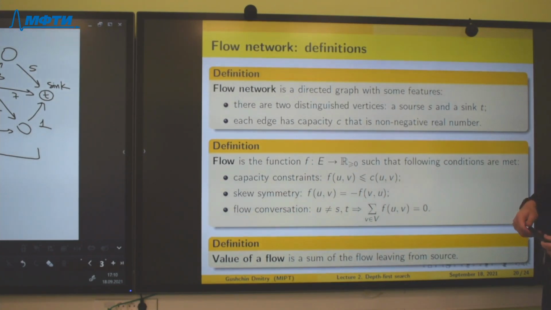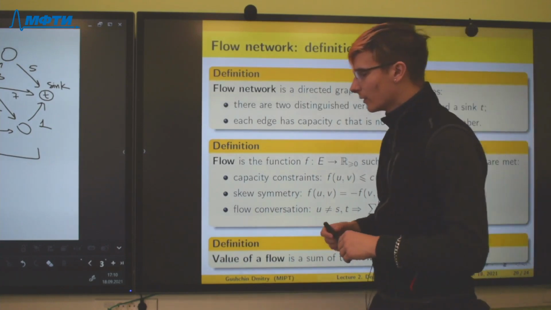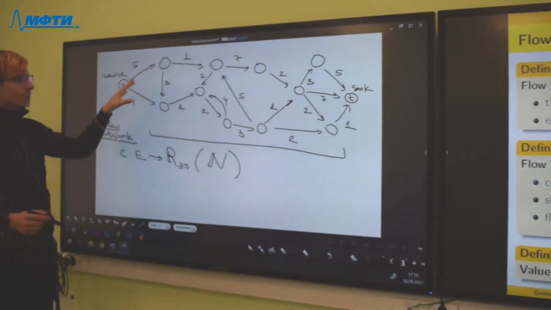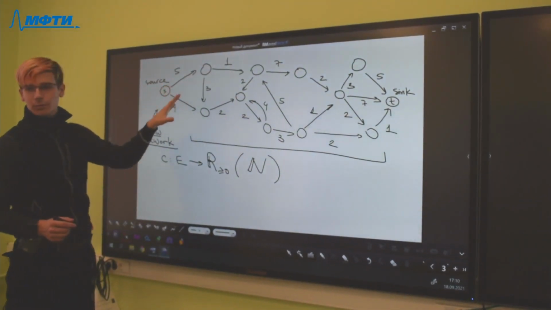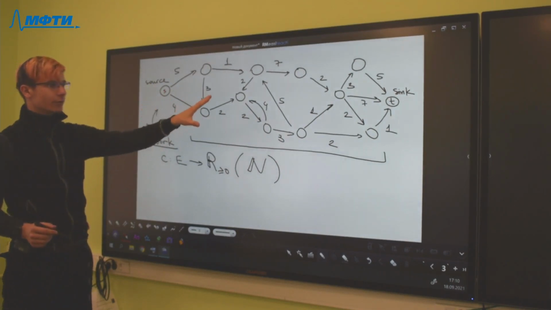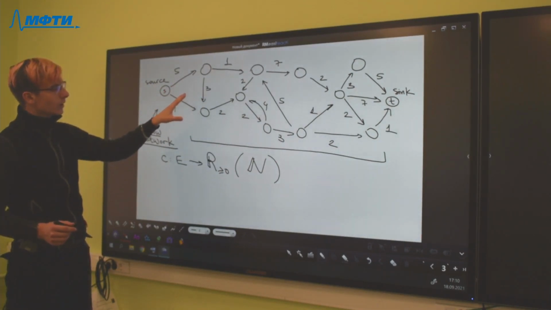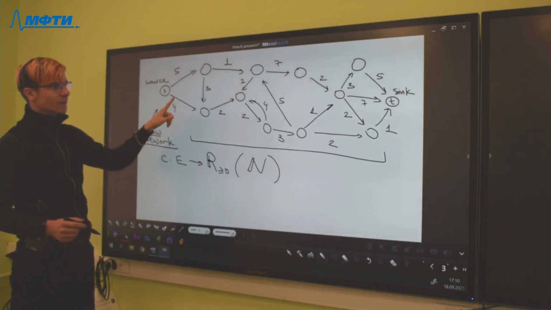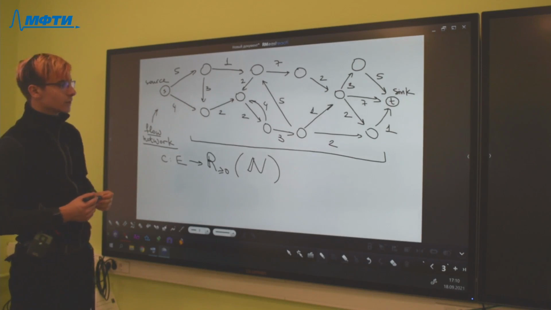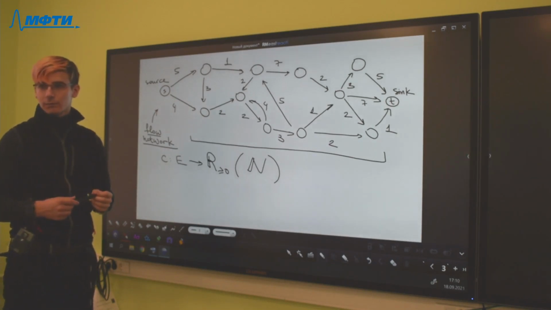And of course we think about it like our graph has edges between any 2 vertices, but if we don't draw an edge, then we say that this edge has capacity equal to 0. Okay?